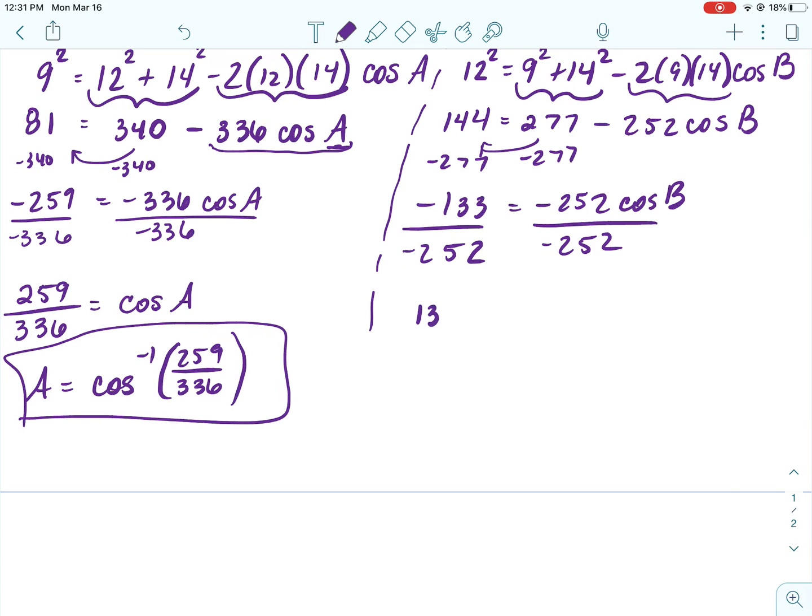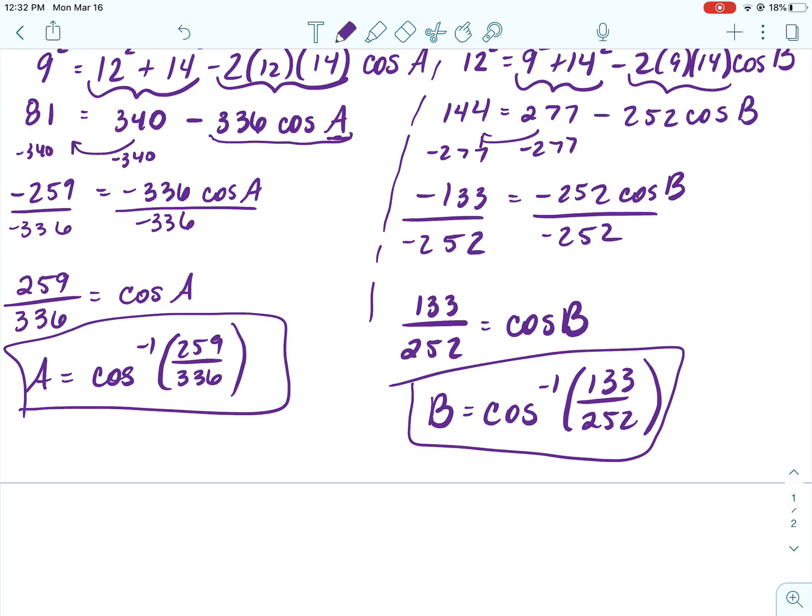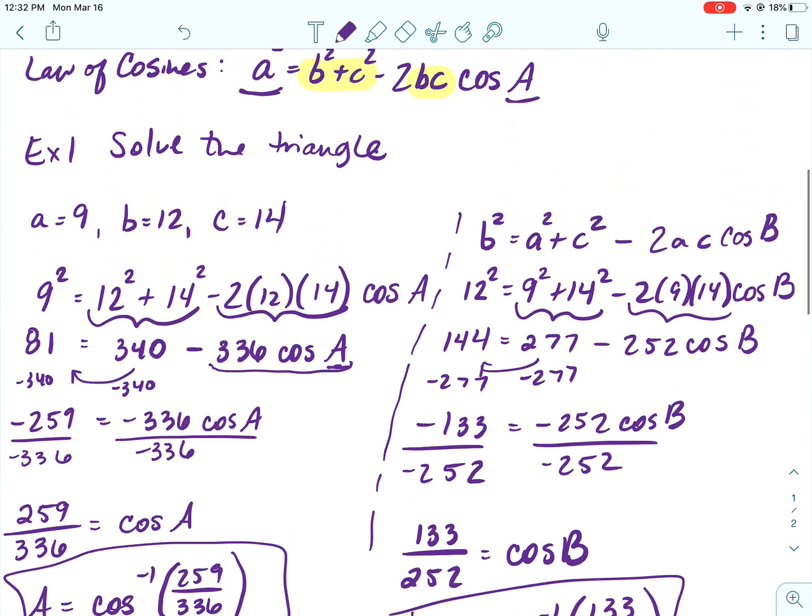And then dividing. Okay, and then we're at that same situation where we know what the cosine of B is and we want to find what the angle is. We're going to do the inverse cosine. And that's how we can represent angle B.